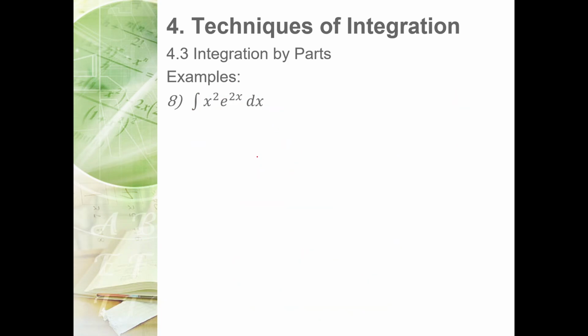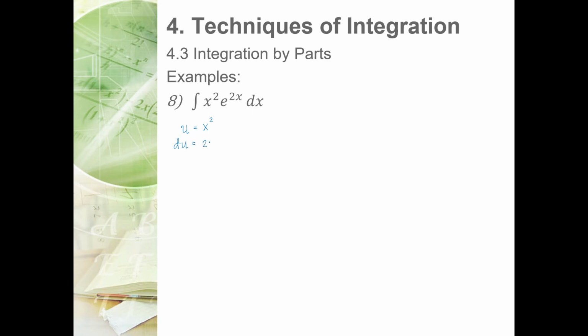So we have here x squared e raised to the power of 2x dx. So to start off, we have here u, and of course, I'm going to have it as x squared.